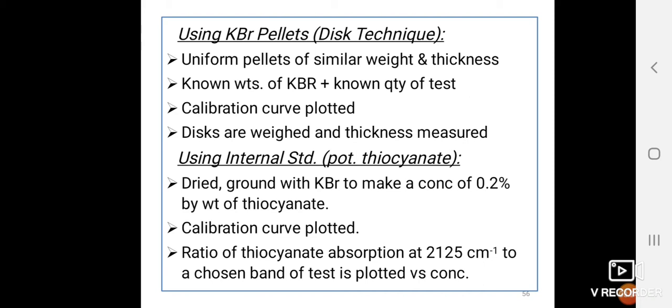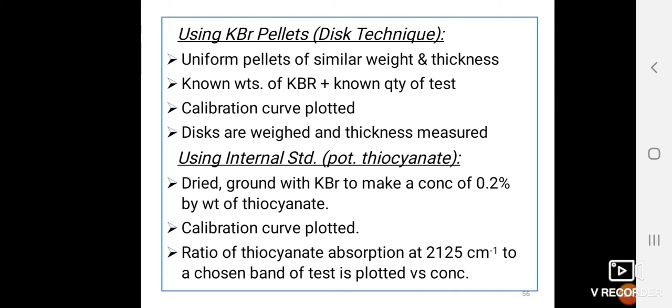Using internal standards means using potassium thiocyanate as an important standard. It is ground with the KBr to make a concentration of 0.2% by weight of the thiocyanate, and a calibration curve is plotted.